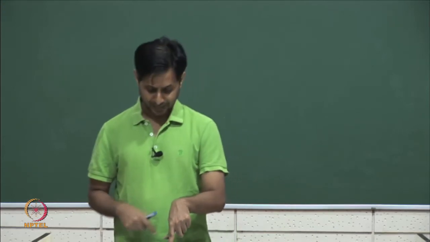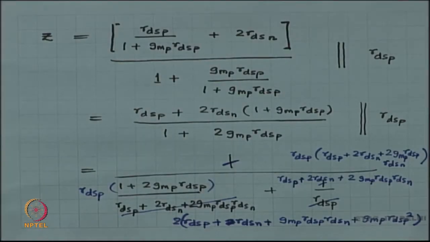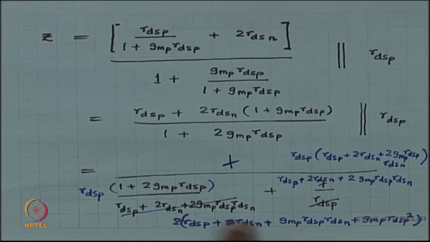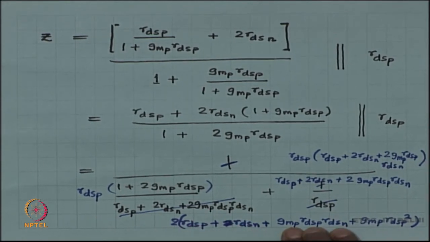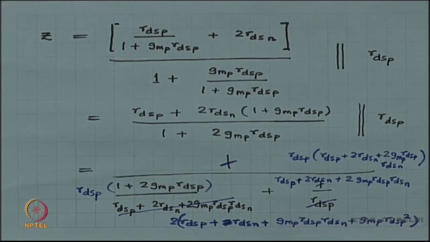Notice there is a factor of half, right, that tells you that the impedance is half of the impedance looking up. So, that is why that factor of half showed up really, all right. So, these are small numbers compared to GMP, RDSP, RDSN and GMP, RDSP, RDSP.